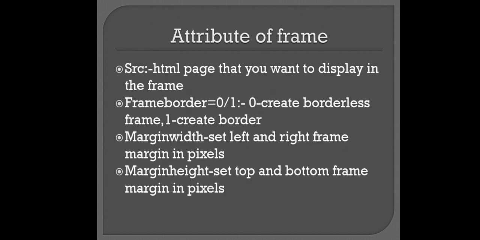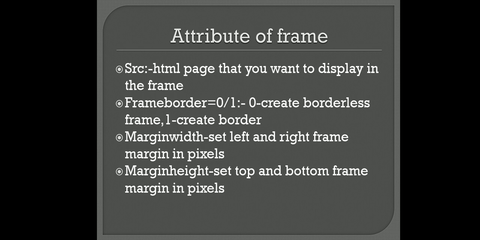Now let me give you the attributes of frames. It has the attribute src, from where you want the page to be linked. Frameborder decides whether there should be a border or not, given by 0 and 1. If you give frameborder equal to 1, then the border will appear, and if not, it will be 0. By default it is always 0. Then marginwidth and marginheight. Margin width is in pixels, and pixels is not about the resolution of your screen.